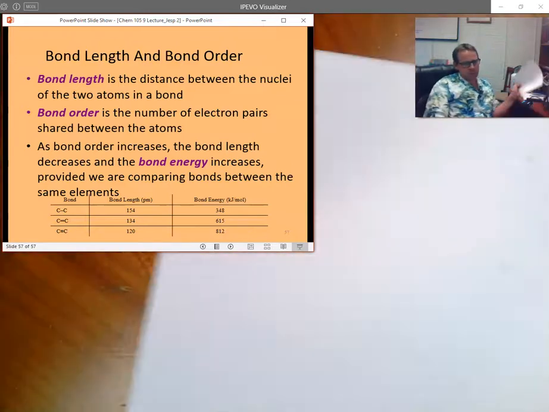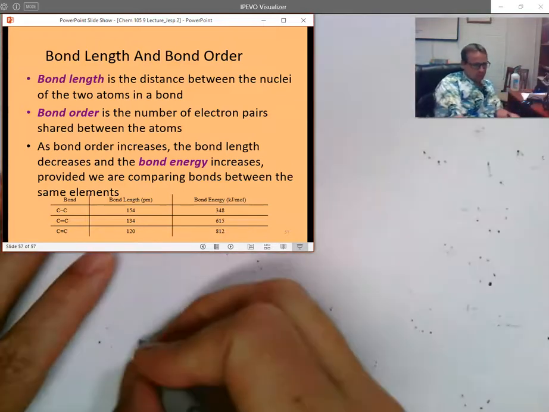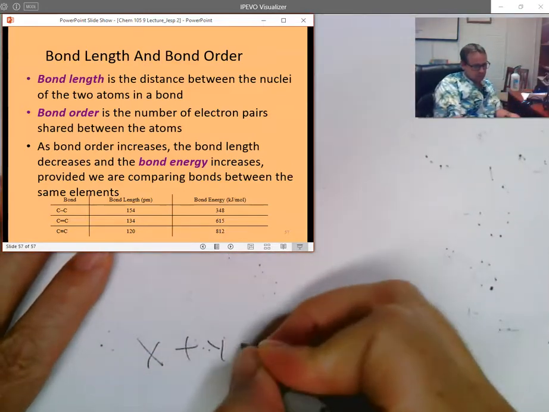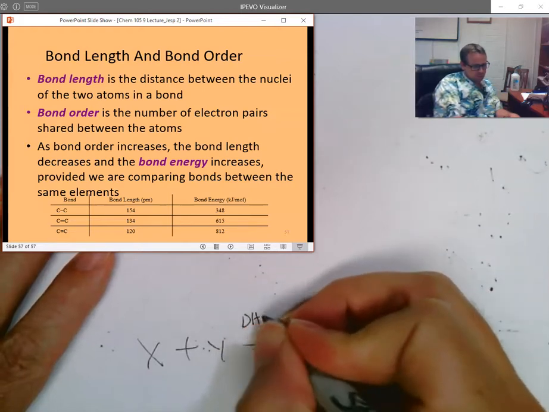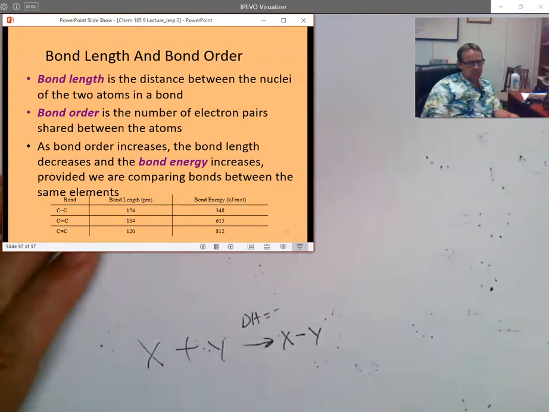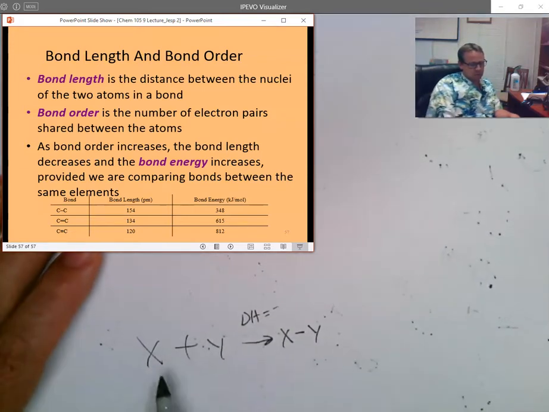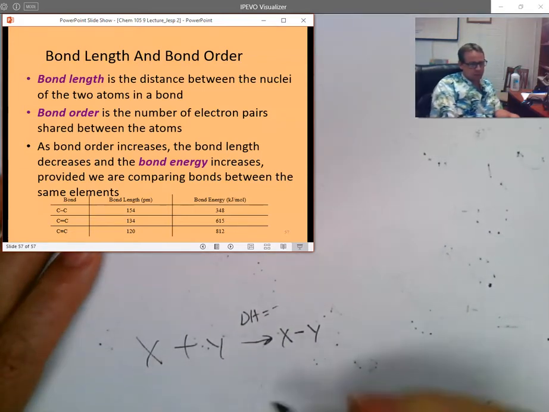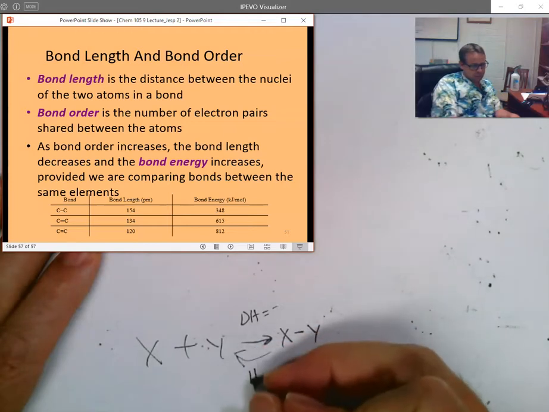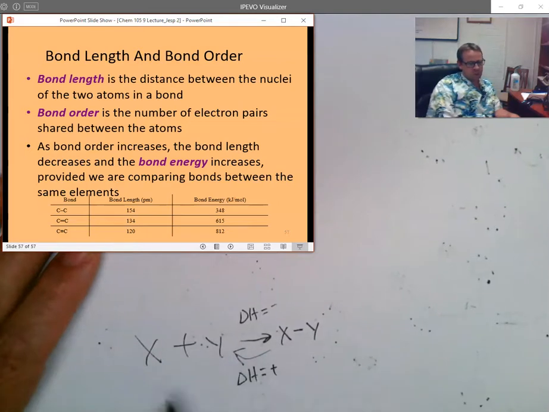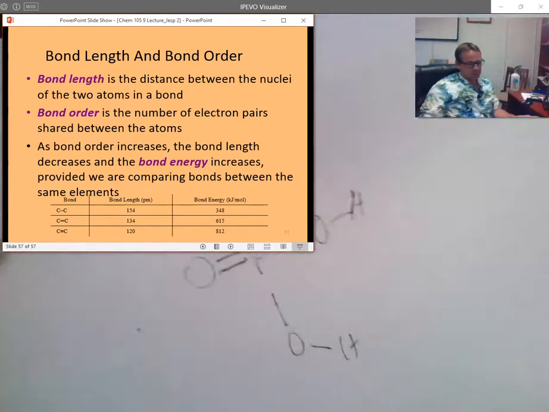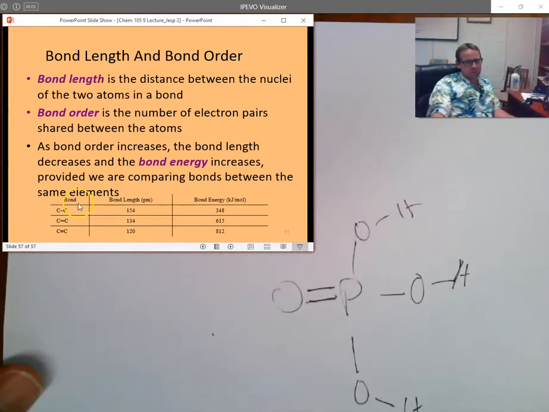We've seen this before, that if you have X and Y and you form a bond, that has to release energy, right? That process releases energy because we're forming a bond. Therefore, to break it, the delta H has to be a positive value, has to require energy to break it, right? So that's consistent with this.